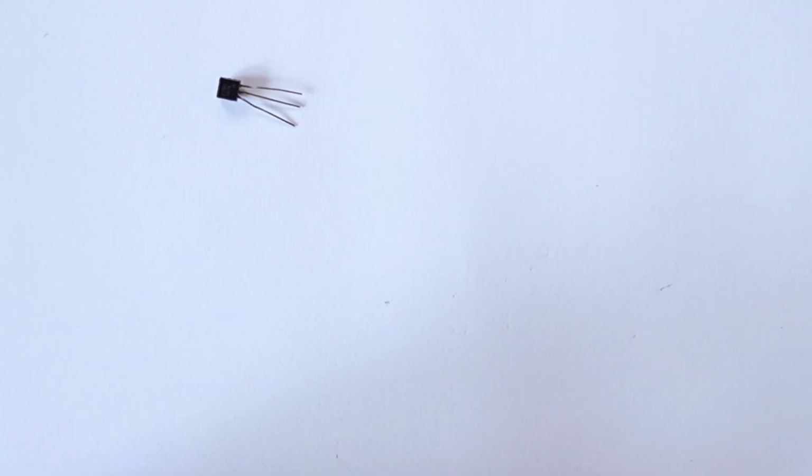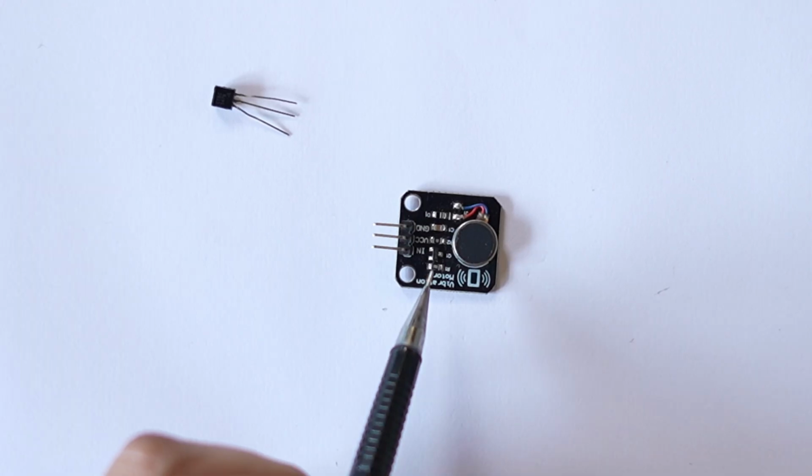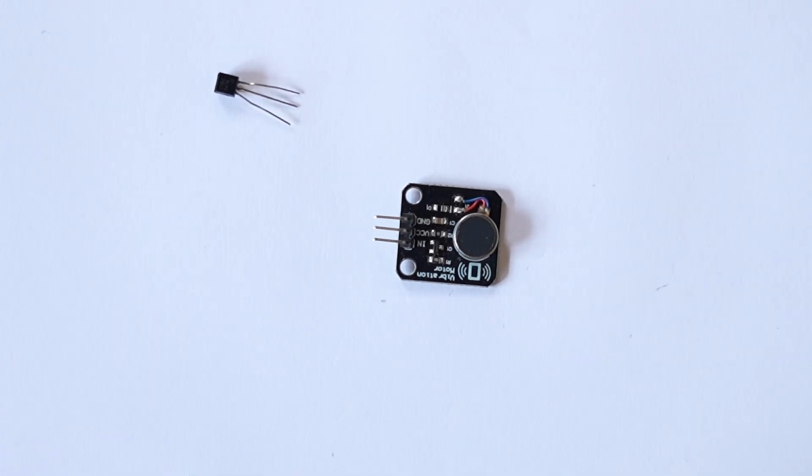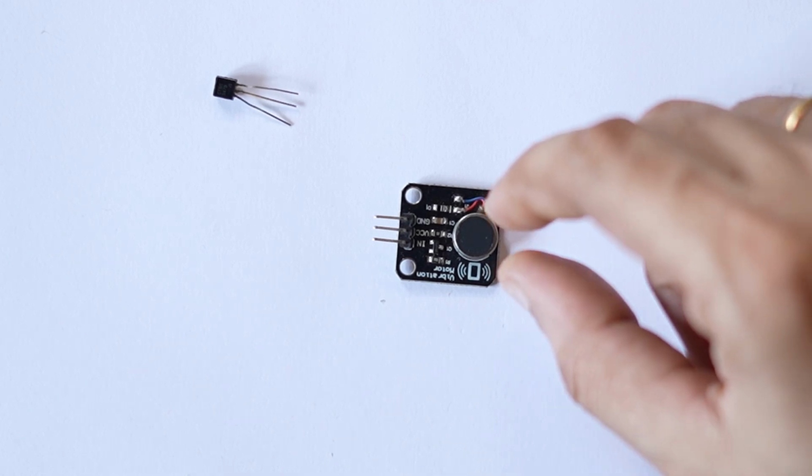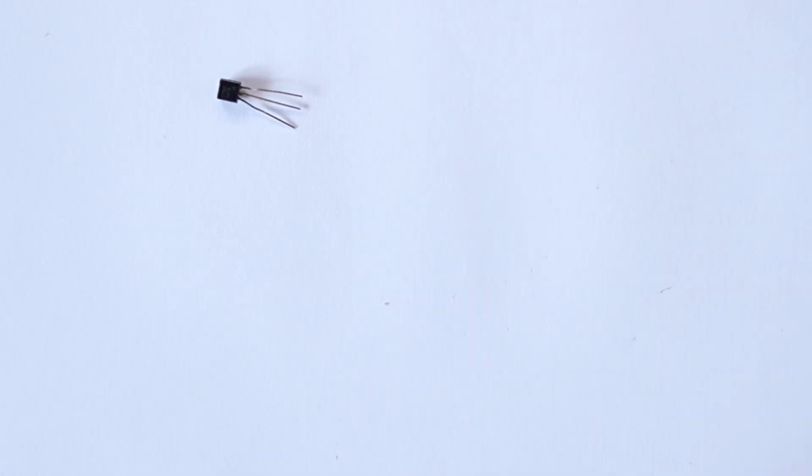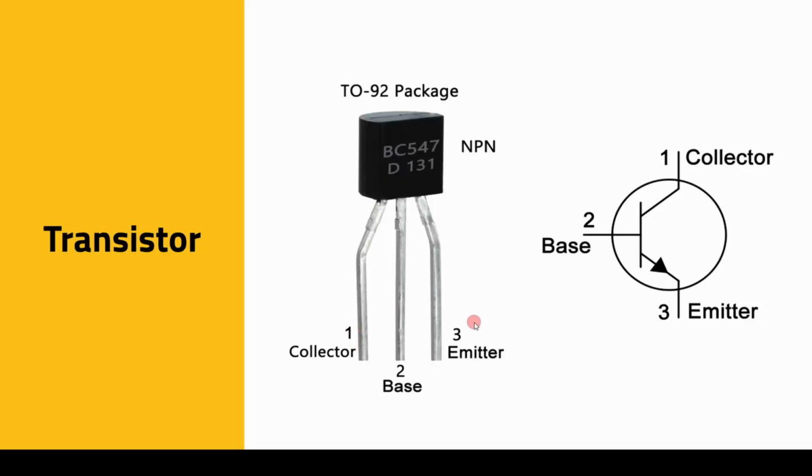And this one that you saw in this module, this one is a SOT23 package, a surface mount package of sorts. So we have different kinds of packaging. Transistors have three legs: a collector, base, and an emitter.